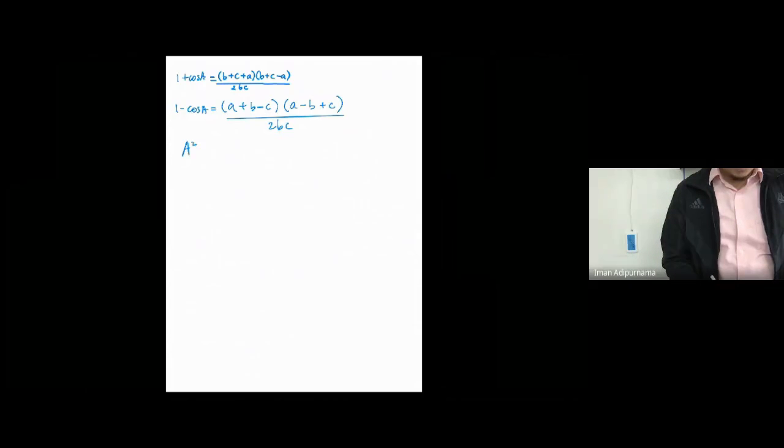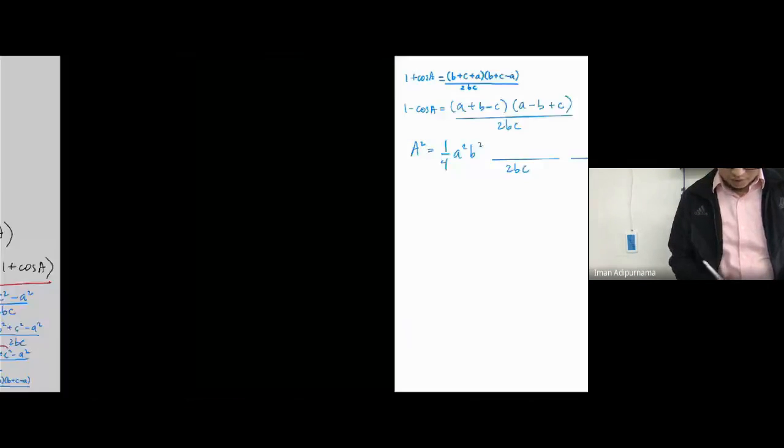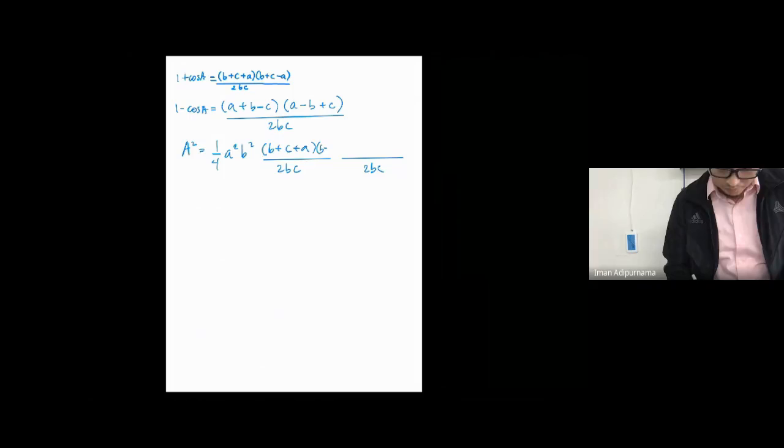So my area squared is 1/4 a squared b squared, and then the products of a plus b plus c, b plus c minus a, and so on.